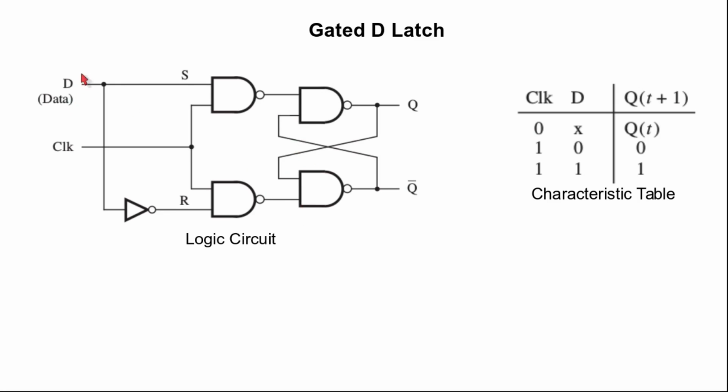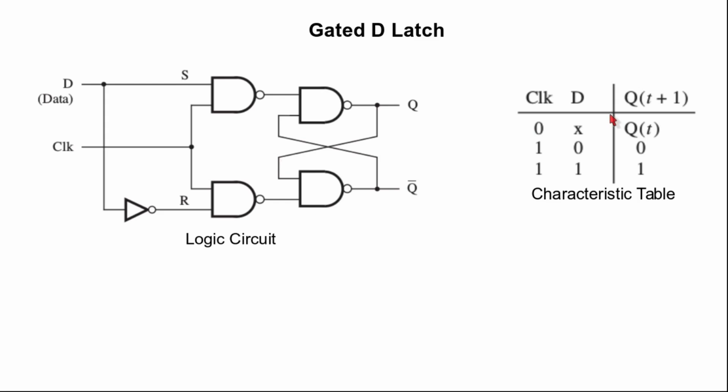That's because we are now using only one D input, and that's the input we connect directly, and we take the complement of the D input and connect it as the R input. So the situation will never occur where the latch will go into oscillation.